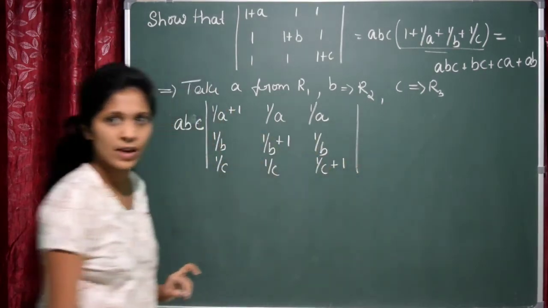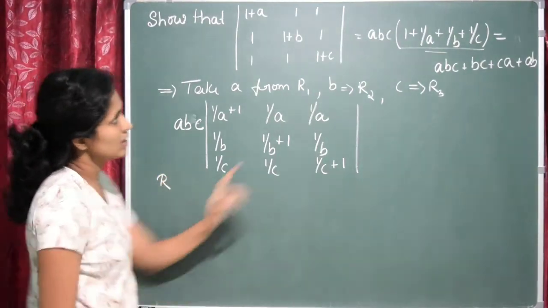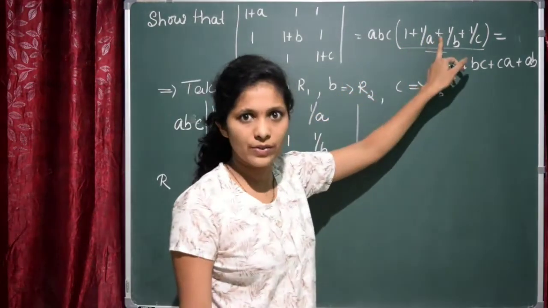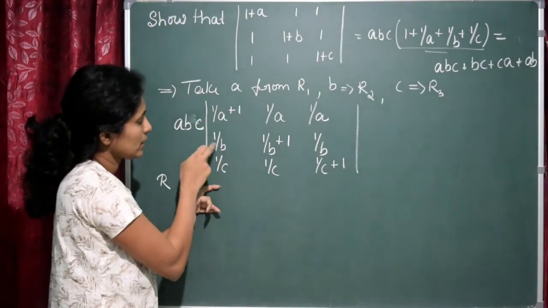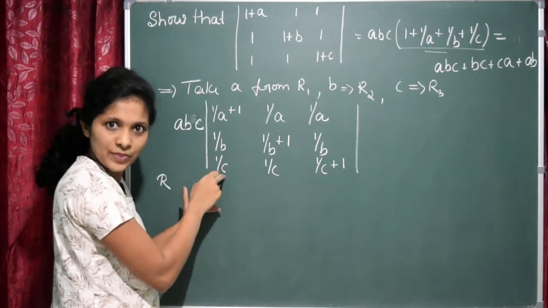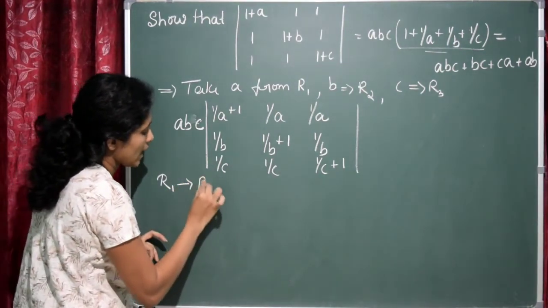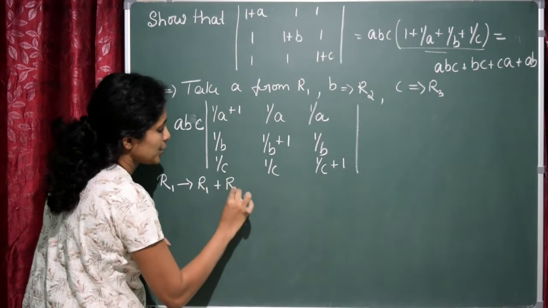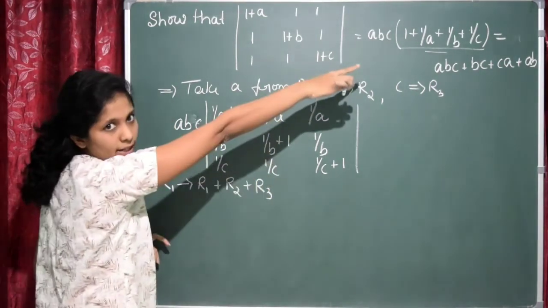Is it clear? Now, the next step is, ABC is there. See here, you need 1 plus A, this one, right? So if you add everything, you will get 1 by A plus 1, 1 by B plus 1 by C, right? So we can change R1 to R1 plus R2 plus R3. Is it clear? If you add these things, you will get that term.